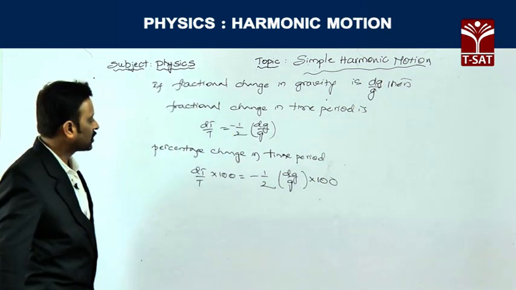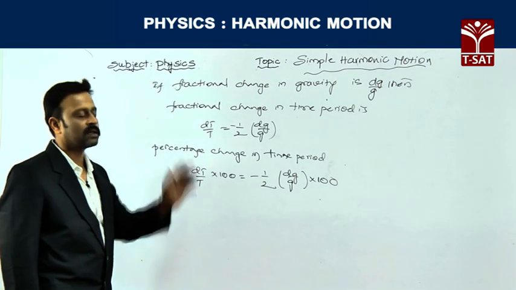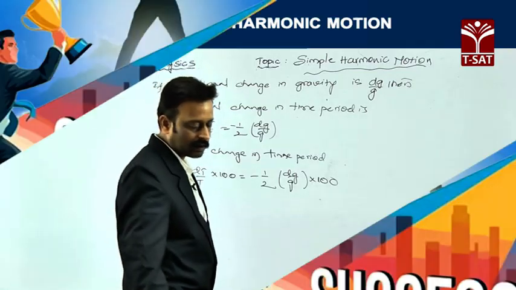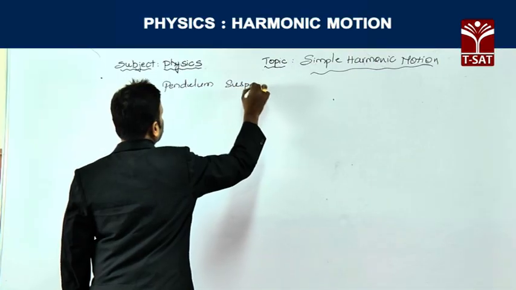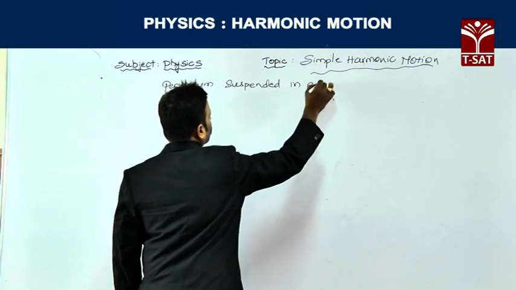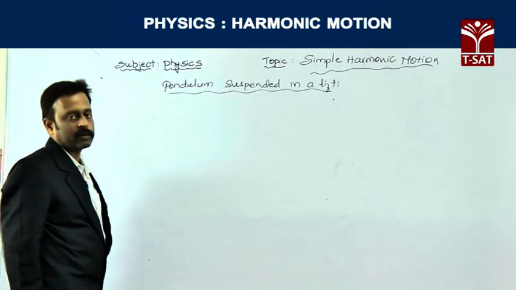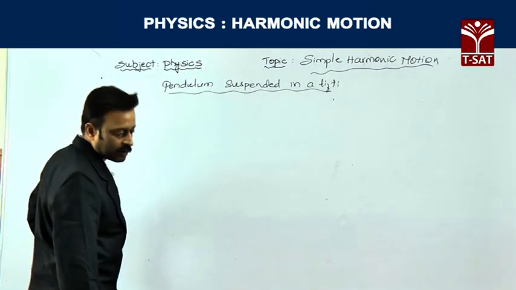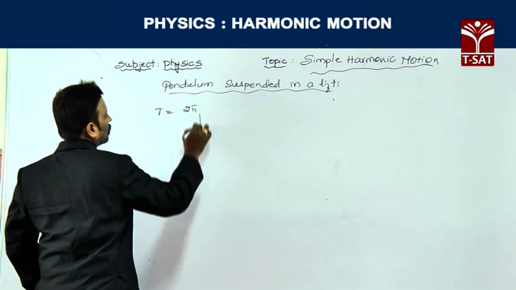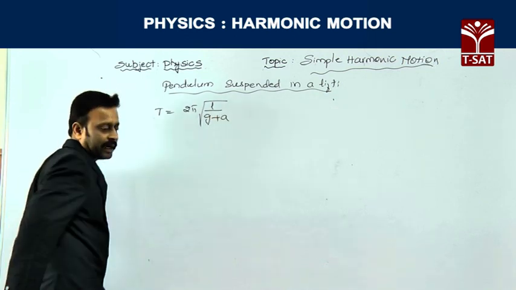This is the fractional change in the time period of a pendulum in terms of the fractional change in acceleration due to gravity at a given place, for a pendulum suspended in a lift. The formula for a pendulum suspended in a lift, the time period T is equal to 2 pi under root L by g plus a.